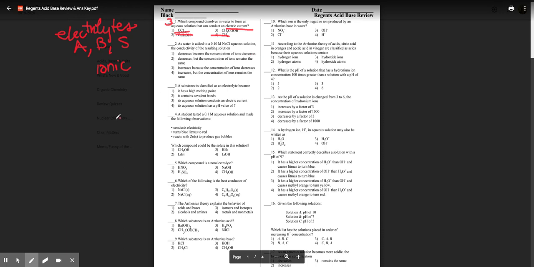As water is added to a 0.1 molar NaCl aqueous solution, what happens to the conductivity? Okay, so NaCl is ionic. You know that because it's a metal and a nonmetal, and it's in solution, so it's an electrolyte. So we are diluting this. We're adding water. If I were to give you poison, you would probably get sick or worse very quickly.